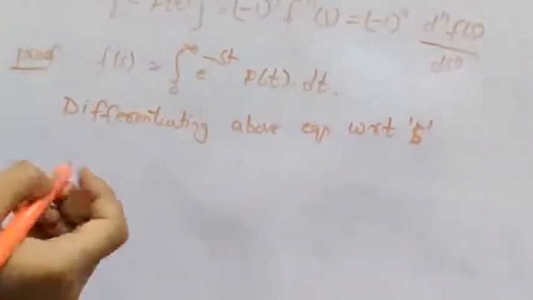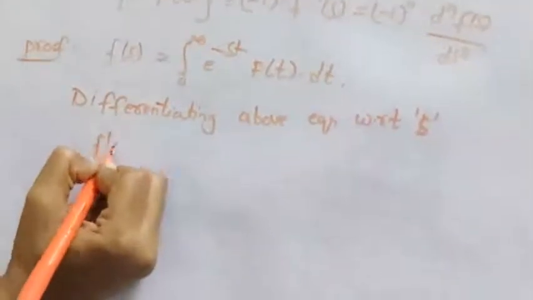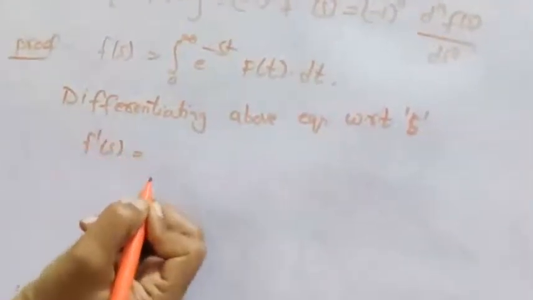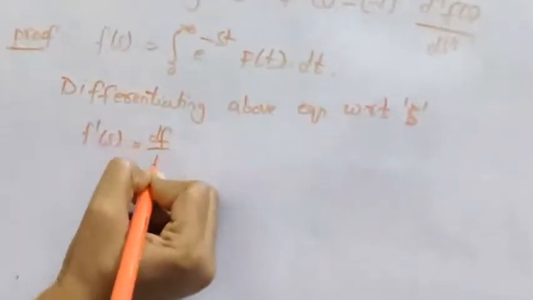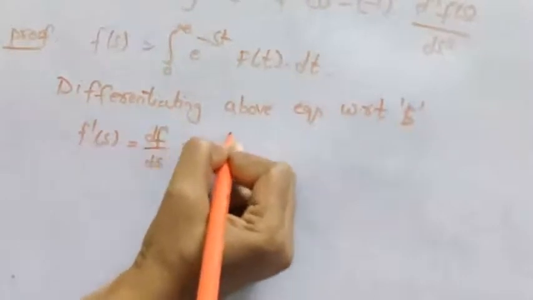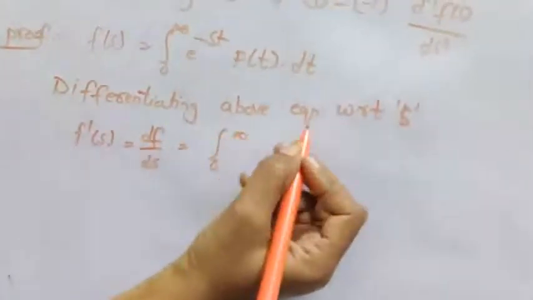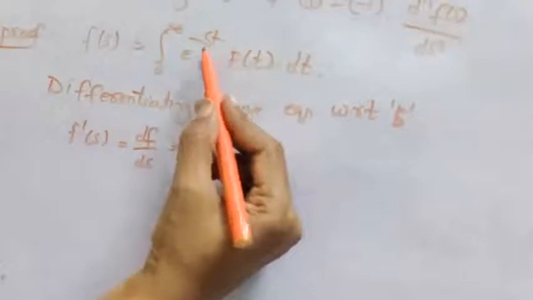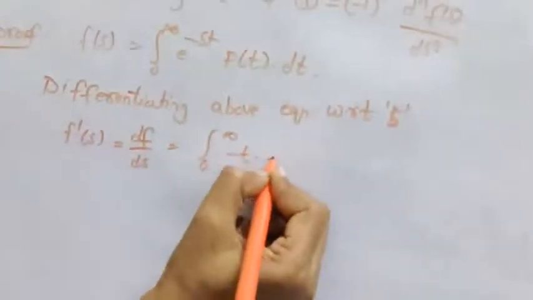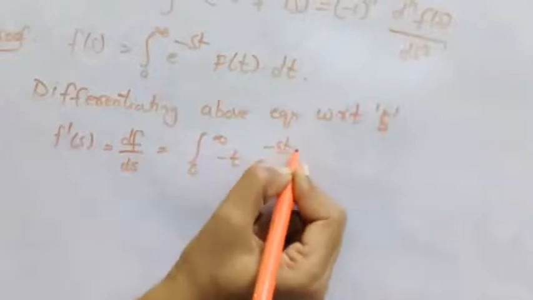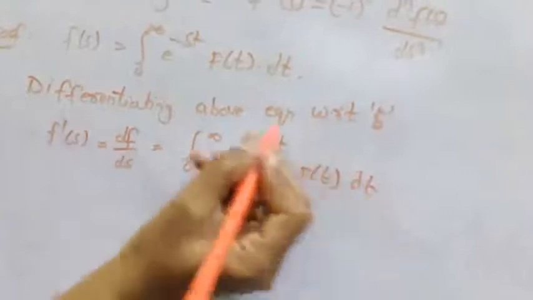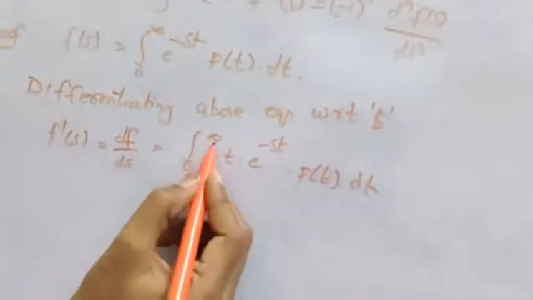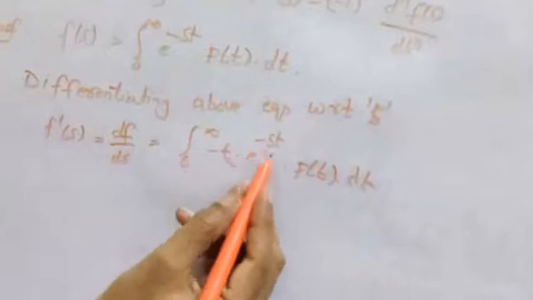Differentiation of f of s is nothing but f dash of s, or you can represent it as df by ds, is equal to integral 0 to infinity, with respect to s, minus t into e power minus st f of t into dt. So, differentiating this whole term, you will get integral 0 to infinity minus t into e power minus st into f of t into dt.